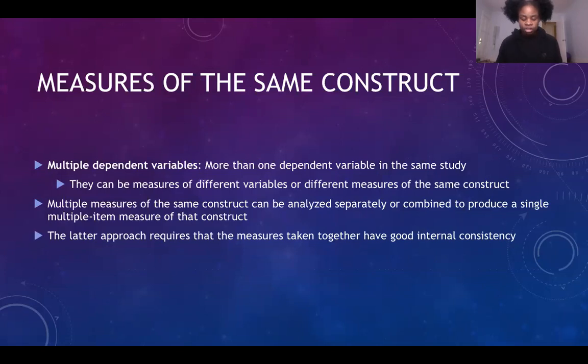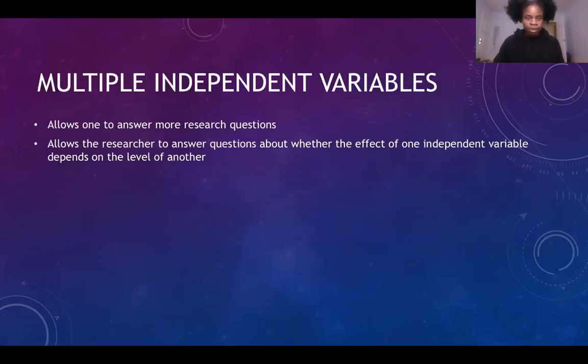If the different measures are not correlated with each other, then it does not make sense to consider them to be measures of the same construct and combine them into a single measure, okay? So again, recall what multiple dependent variables are: more than one dependent variable in the same study. Multiple measures of the same construct can be analyzed separately or combined to produce a single multiple-item measure of the construct. And the latter approach requires that the measures taken together have good internal consistency, okay?